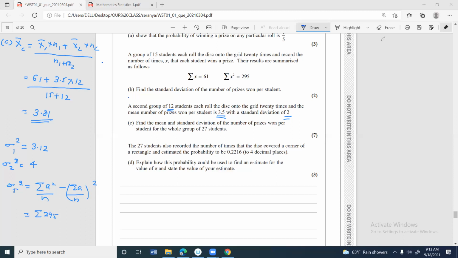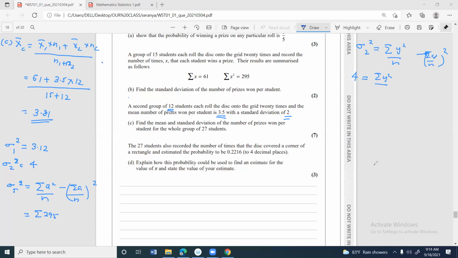The standard deviation is 2 for the second set. If you write sigma squared, that is the summation of y squared over n minus the summation of y over n, whole thing squared. We know this value is 4. Still we don't know the summation of y squared divided by n.